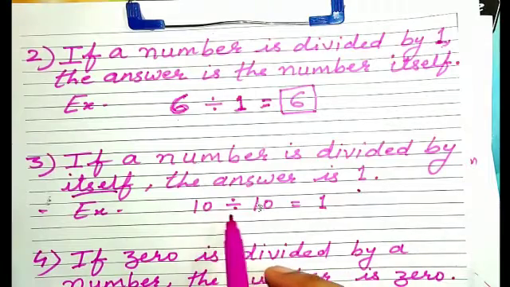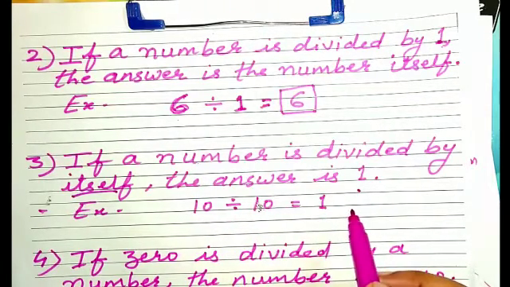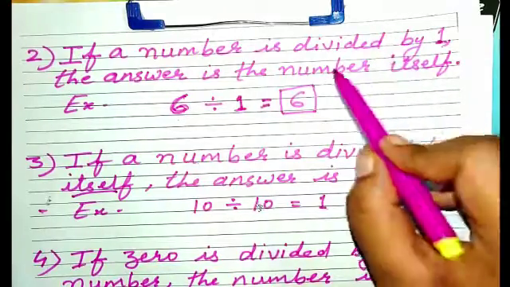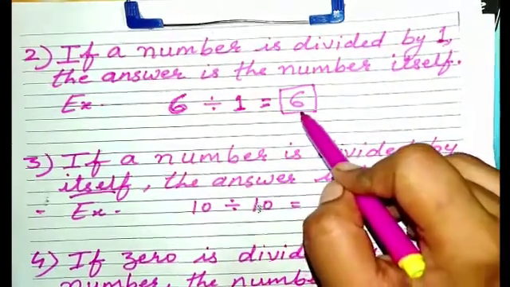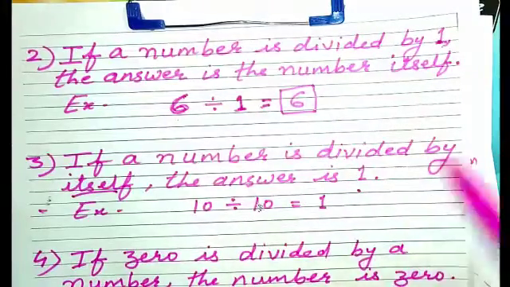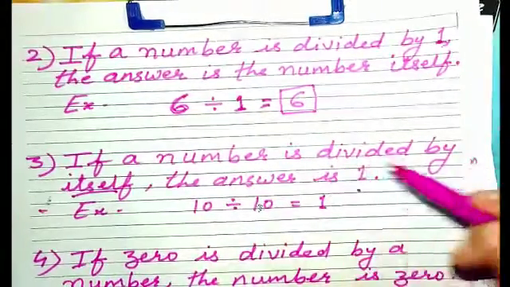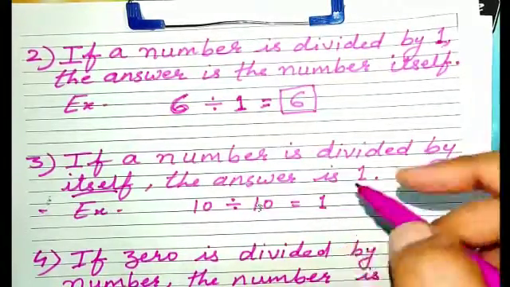So 10 divided by 10, your answer is 1. In this, when we were dividing by 1 we were getting the number itself, but when we divide a number by the same number, number itself divided by number itself, your answer will be 1.